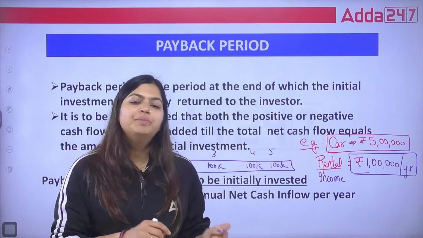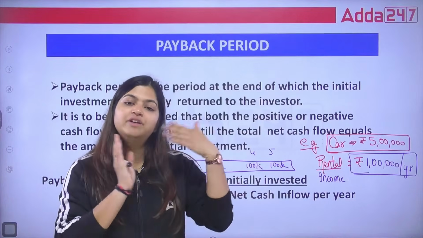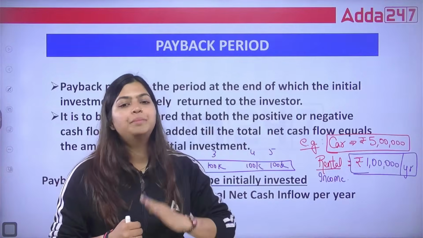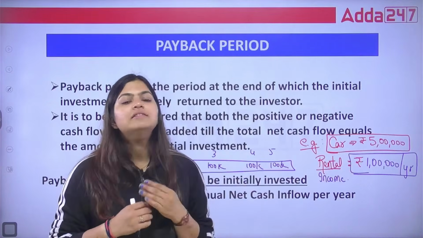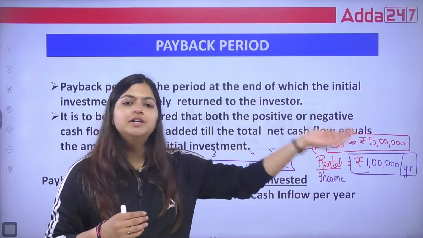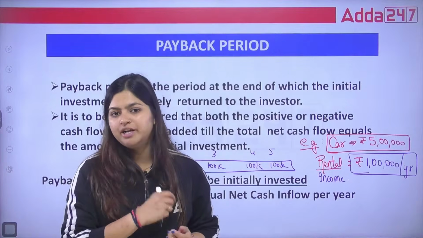And this is what payback period means. Payback means whatever you have invested, in how many years you will get it back. That is what payback is. And what is the time period? That is 5 years. So what is the payback period here? Within how many years you can recover your invested amount? That is your payback period method.